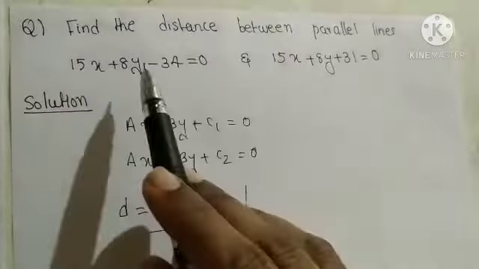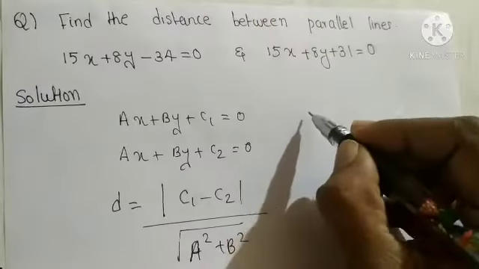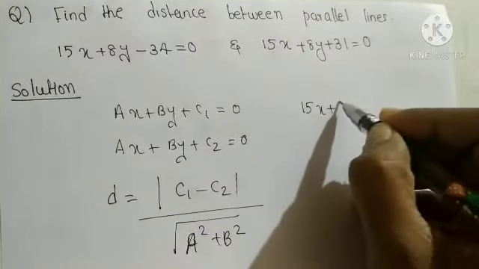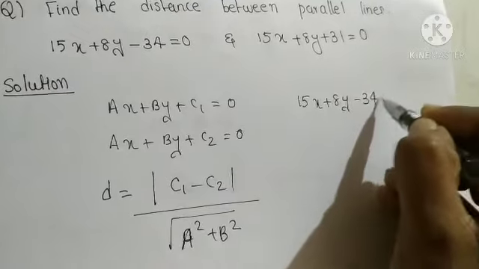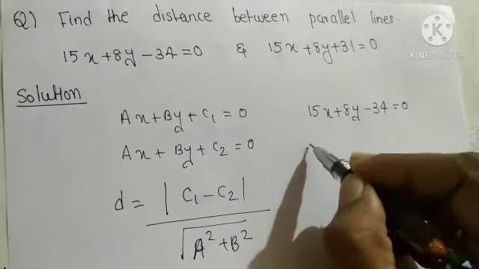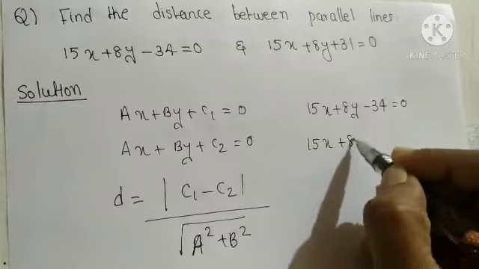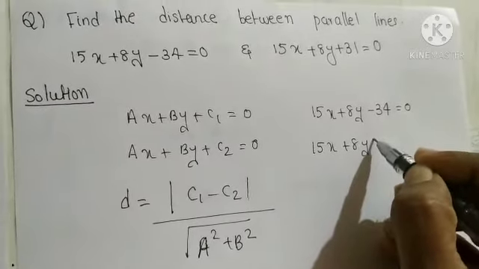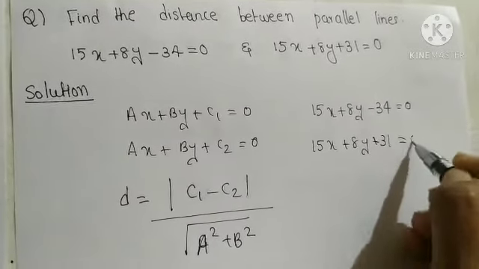So the given equations of lines are 15x plus 8y minus 34 equal to 0 and 15x plus 8y plus 31 equal to 0.